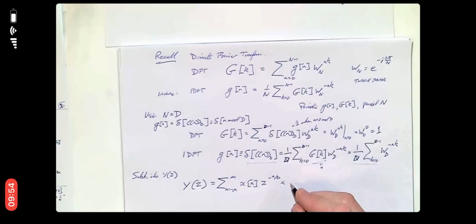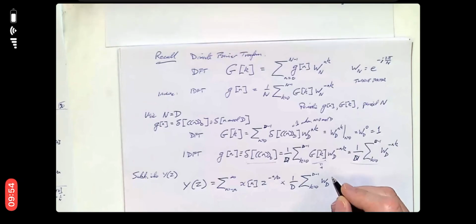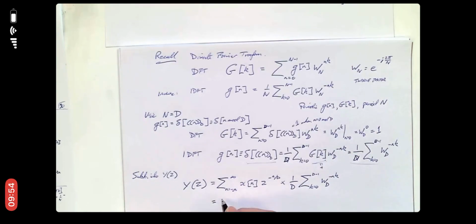So this is 1 over d, the sum from k equals 0 to d minus 1, W_d to the minus nk. So we can pull that back in together if we want to, but that gives us 1 over d.